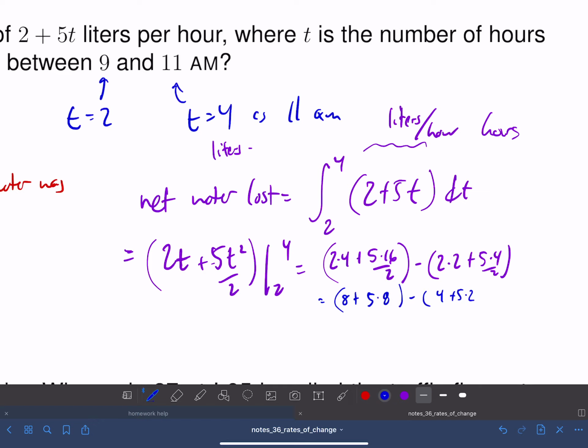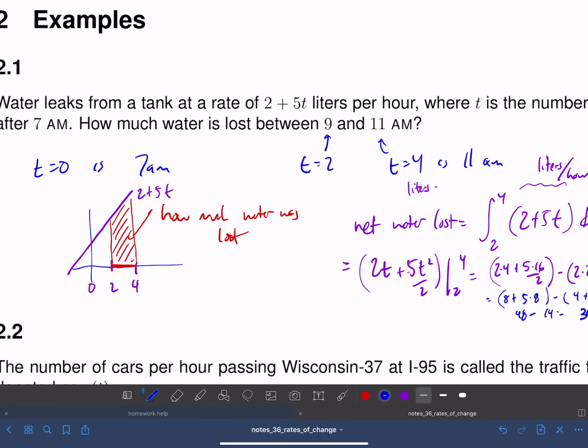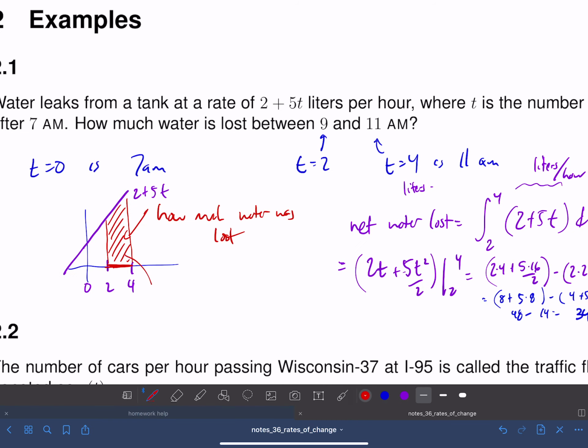That's 48 minus 14, which equals 34. 34 liters. That means that the area over here is 34.